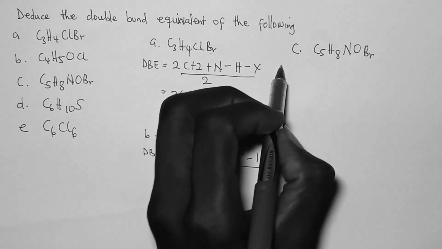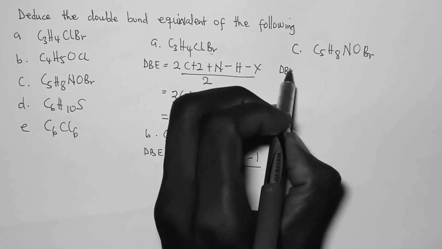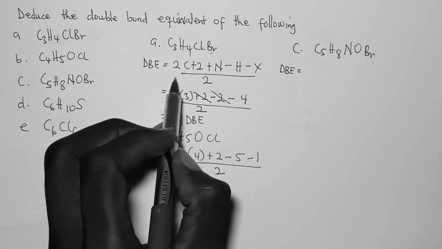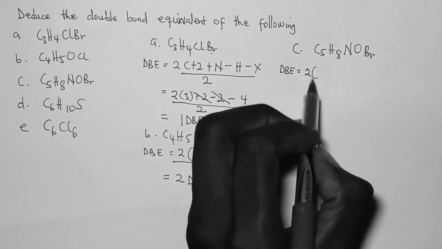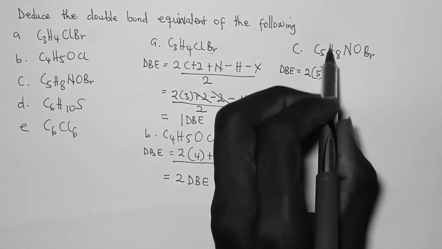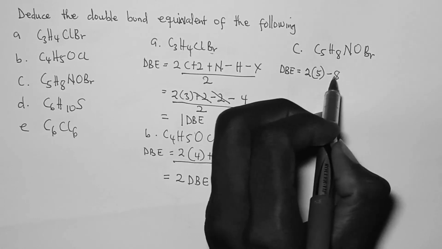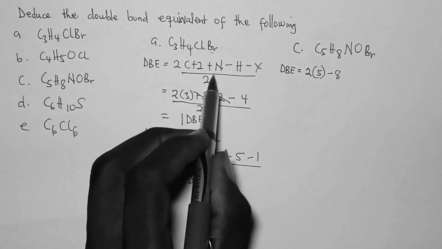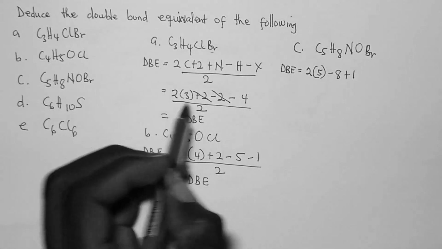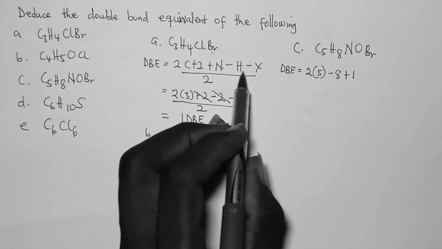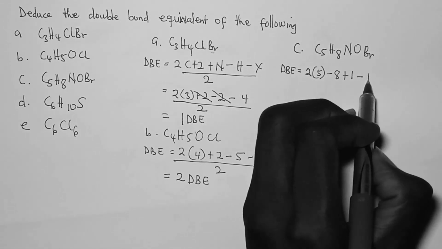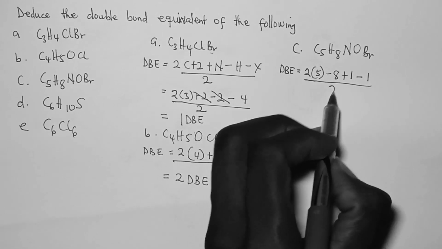What is the double bond equivalence in this molecule? So using the formula, 2 times 5 carbons, then there are 8 protons, so minus 8. Then there is 1 nitrogen, so plus 1. Oxygen is 0. Then there is 1 bromine, so minus 1, divided by 2.